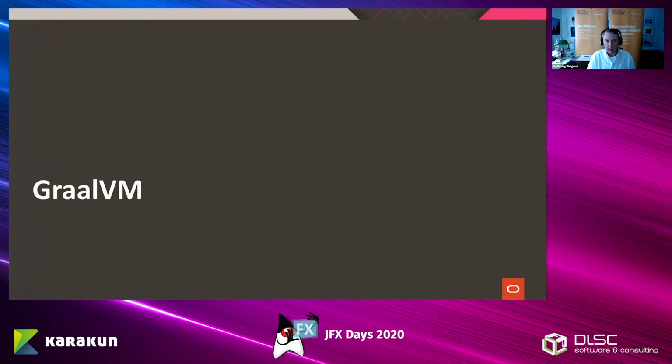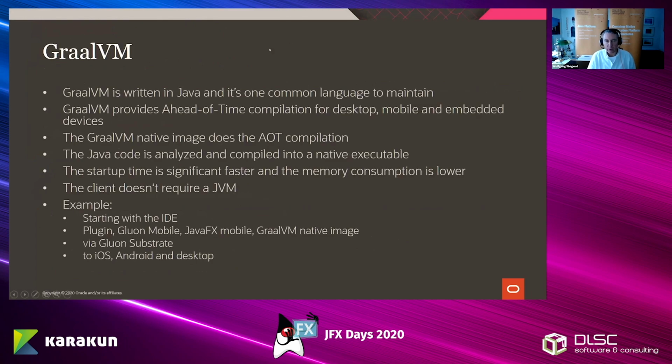So what about the GraalVM here? What can help GraalVM? GraalVM is written in Java. It provides ahead-of-time compilation for desktop, mobile, and embedded devices, so it can build a native image.